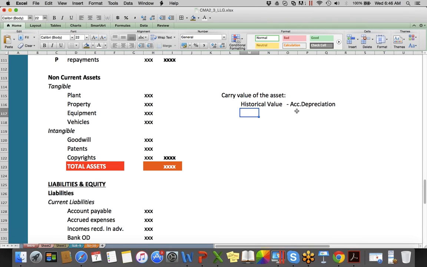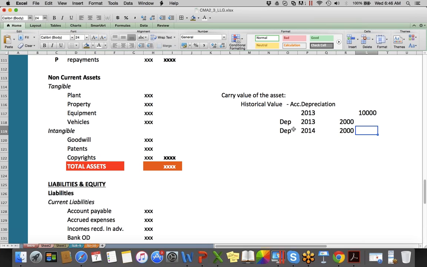Say for example, we purchased an asset in 2013 for $10,000. Depreciation for 2013 is say 2000. Depreciation for 2014 is 2000 again.